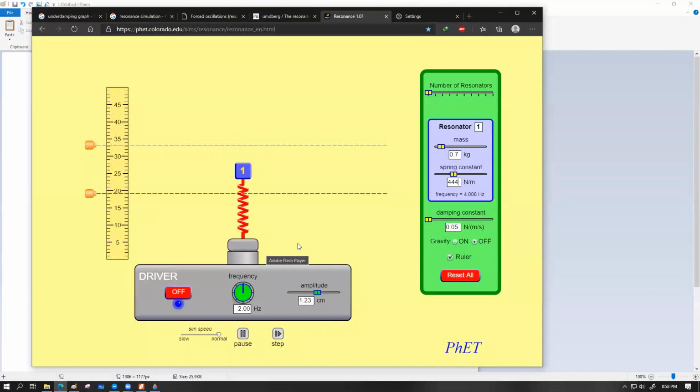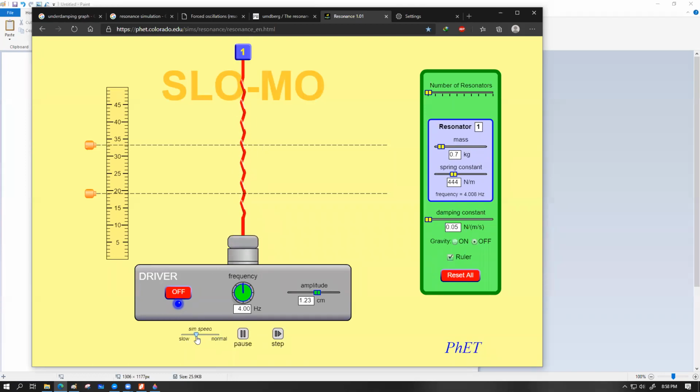Okay. So I have increased the mass a little bit and the damping constant was reduced to a very minimum. So now I have once again made the frequency 4 hertz. If we apply exactly 4 hertz, then we have the highest amplitude. If I slow down the simulation, that's the amount of amplitude that we are having, super amazing. I might as well increase this a little bit.